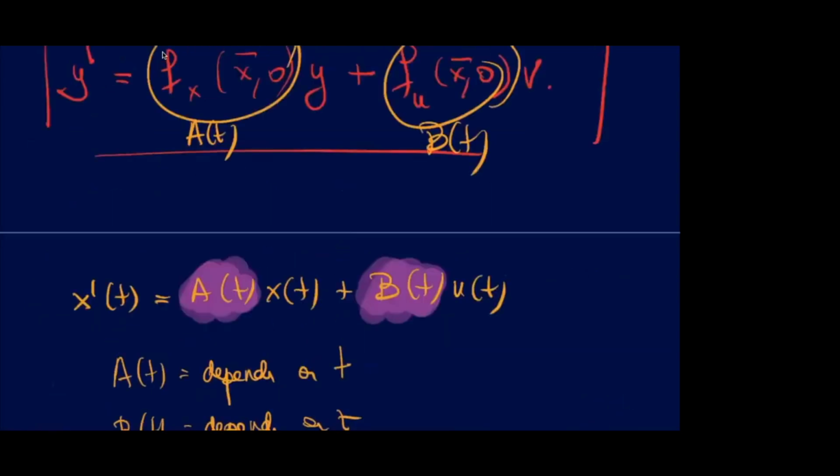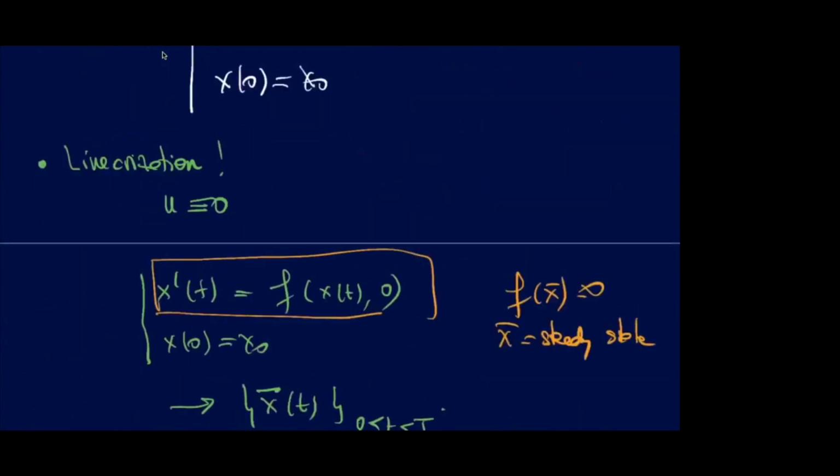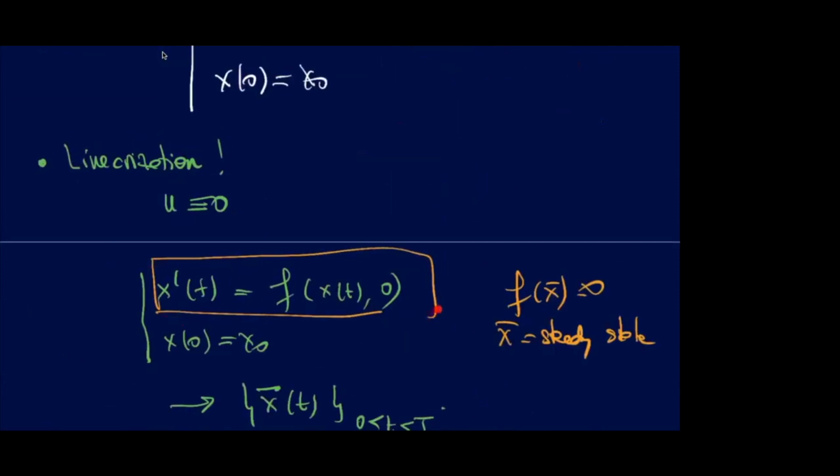Why? I repeat, because among the trajectories along which I can linearize the system, the fact that these trajectories depend on time has an impact on the linearized system, in the sense that the linearized control system is not autonomous anymore. The matrices A and B for the dynamics and the control depend on time.